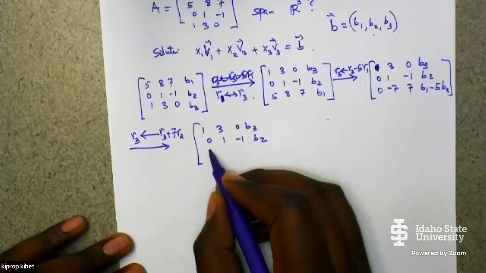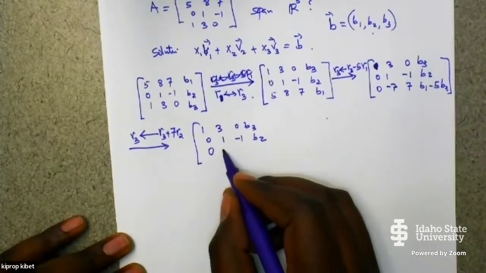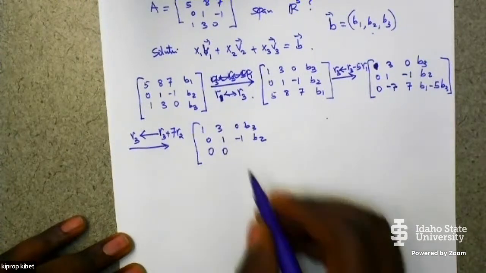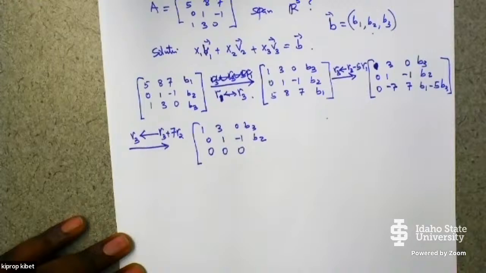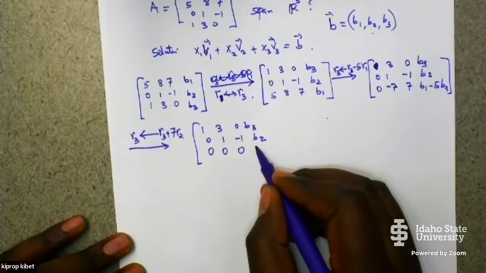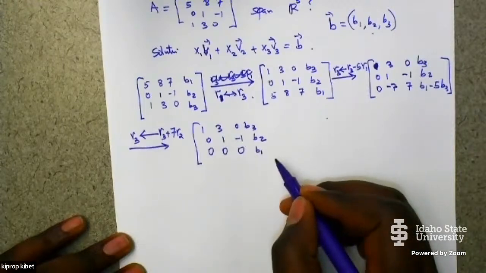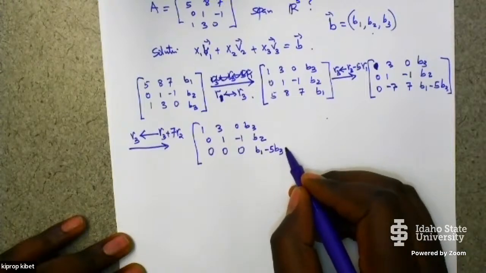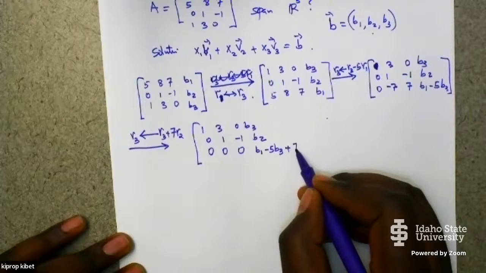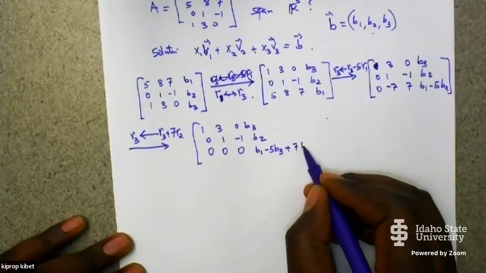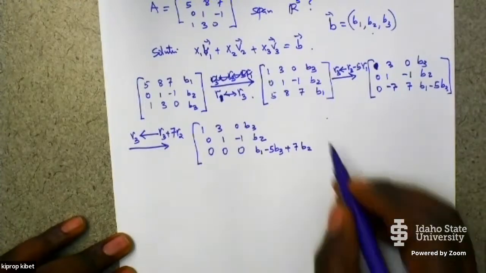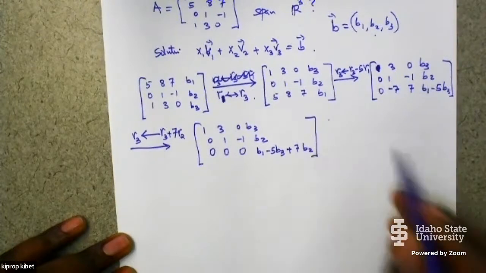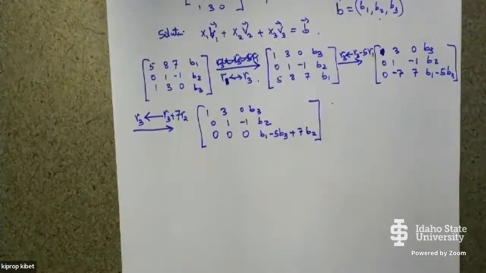And then finally we get 0, 0, 0, and then B1 minus 5 B3 plus 7 B2.